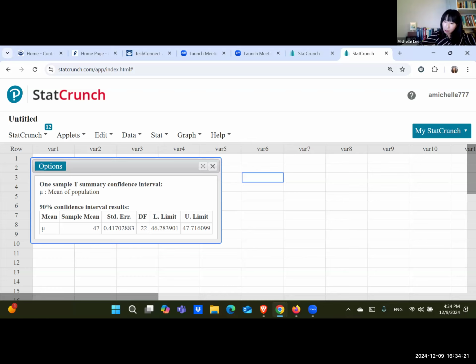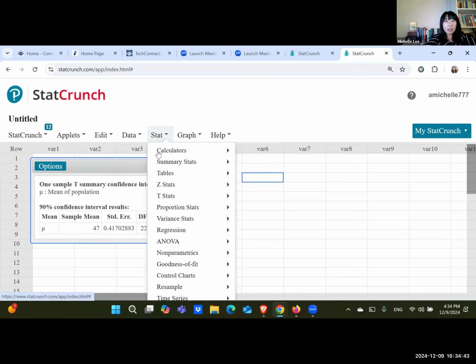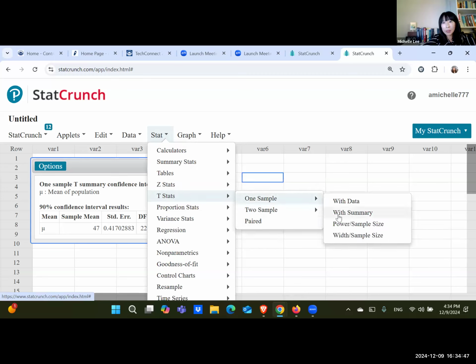Oh, I'm not sharing again. All right. Okay, I'm gonna do one more time. Go to stat, T stats, one sample with summary.